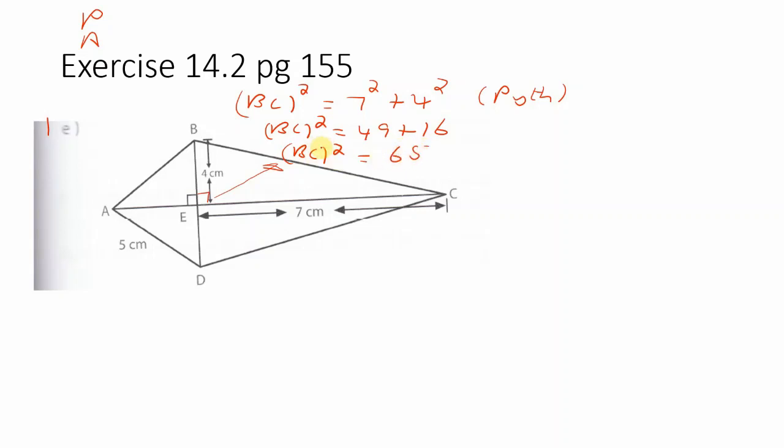But we don't want BC squared, we simply want BC. So we can take the square root on both sides. So therefore we have BC is equal to the square root of 65.